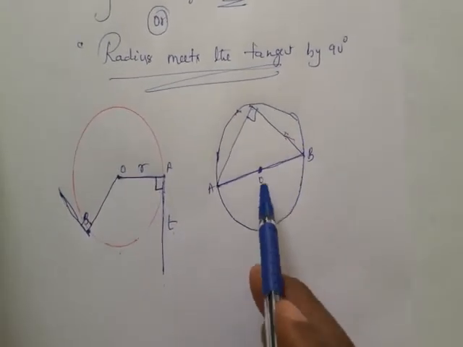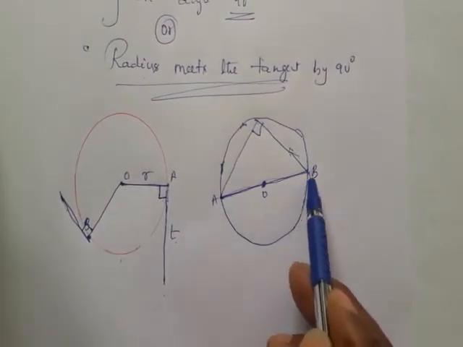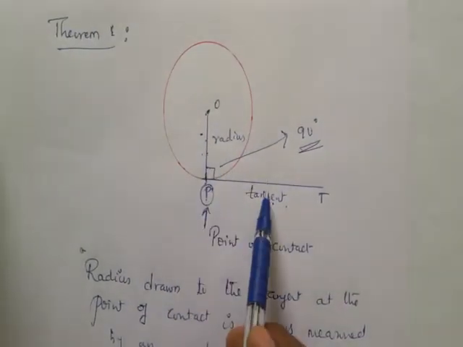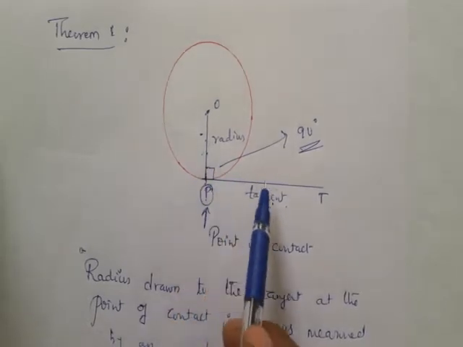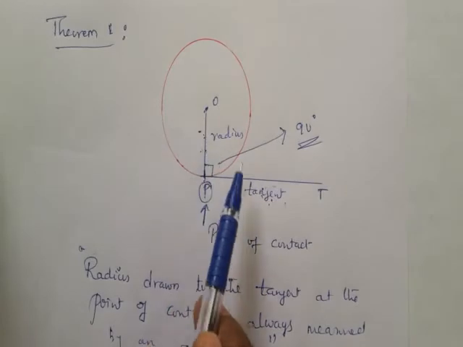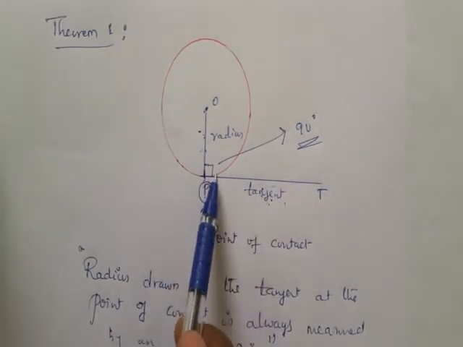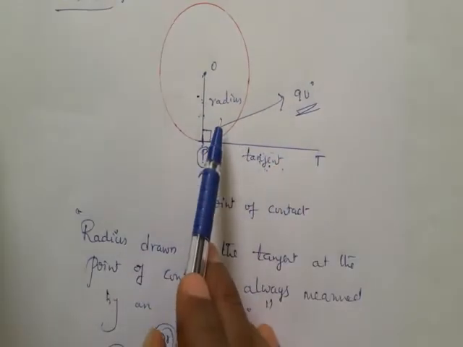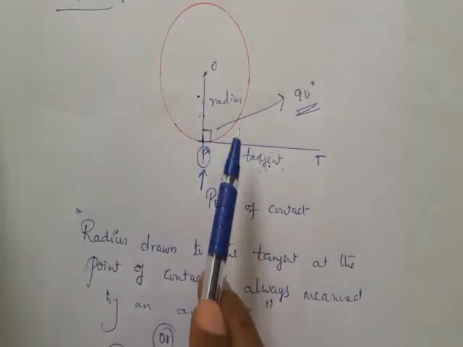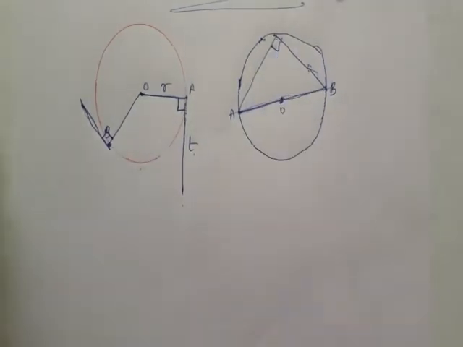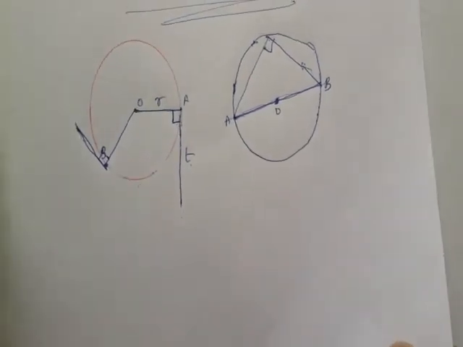In tangent, radius and tangent wherever they meet, at the point of contact, write it as 90 degree. This is the tangent result. In the tangent chapter, tangent and radius meet by 90 degree. In circles, diameter produces 90 degree. These two don't forget. We go to theorem 2.